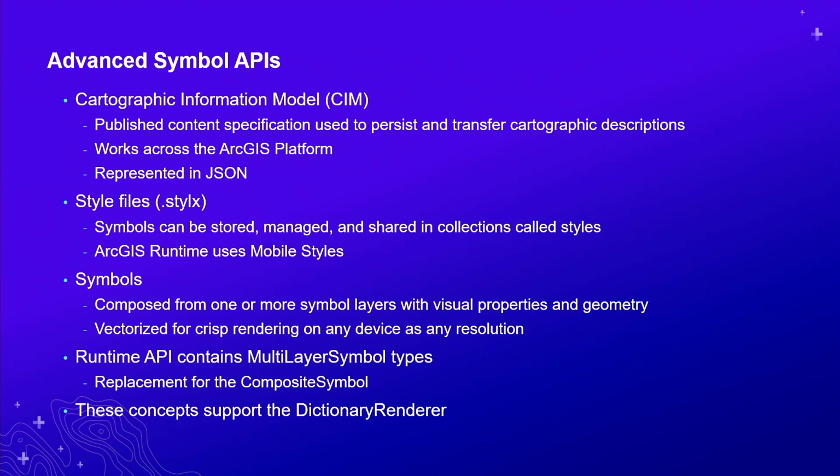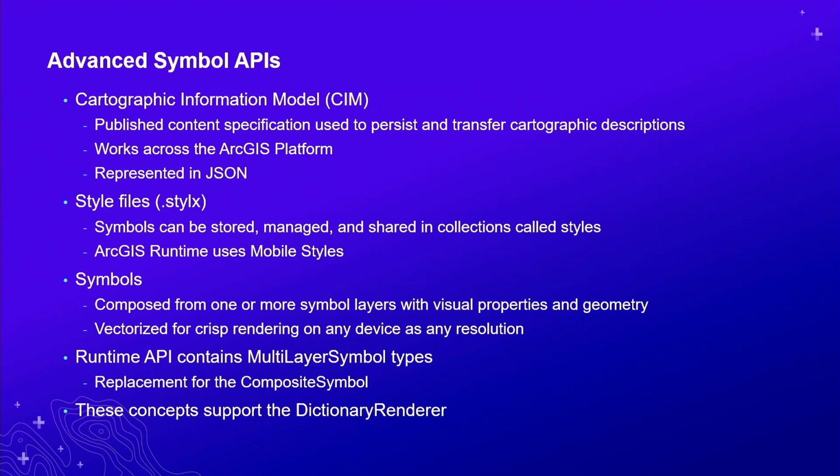The symbols are composed from one or more symbol layers, and each symbol layer has visual properties and it has geometry. So the key about the symbol layer having geometry and the symbol having geometry is that we can vectorize the rendering of that, which means we get really beautiful, crisp rendering of the symbols on any device at any resolution.